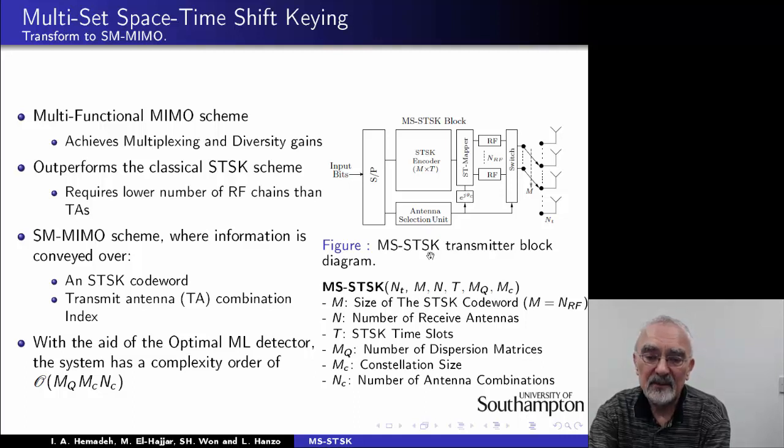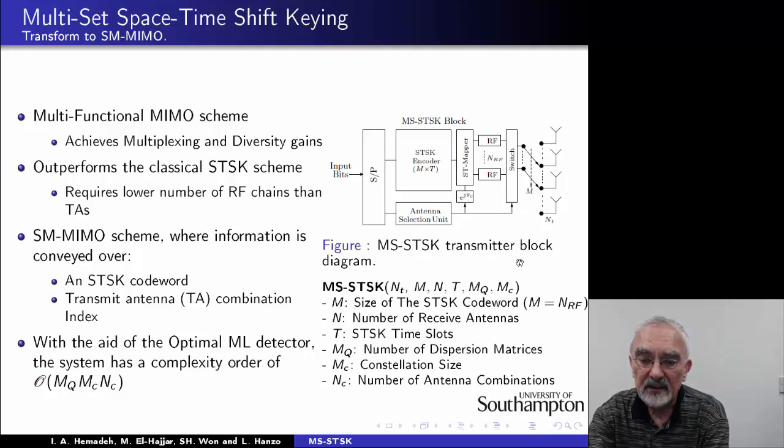So this becomes a very flexible scheme, as is seen in this simple nomenclature. We've got M transmit antennas and N receive antennas, and we spread the information over T time slots, and NT is the number of transmit antennas activated as seen here in the schematic.